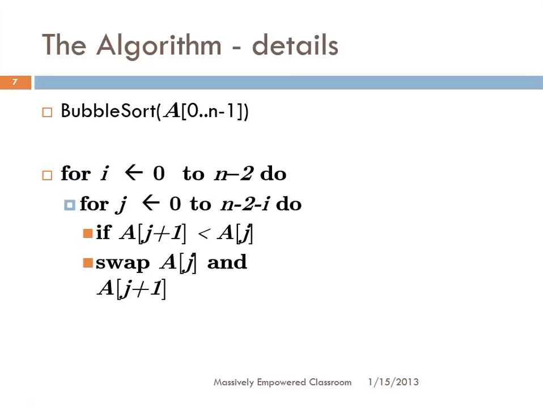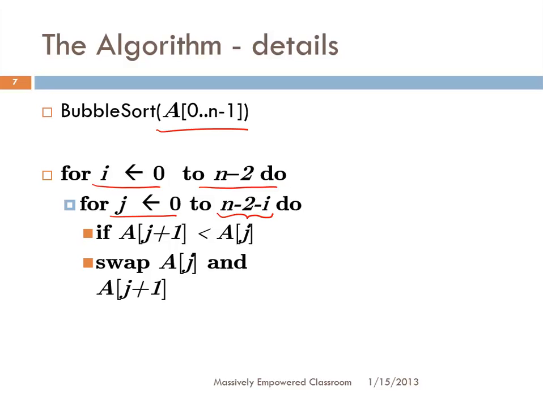Right? Let's add more detail to make it a proper pseudocode algorithm. So bubble sort takes an array of n elements 0 to n minus 1. We loop from i equals 0 to n minus 2, and in the inner loop we loop again from 0 till the unsorted part. After i loops, the last i elements are sorted. So we ignore the last i elements, n minus 2 minus i.